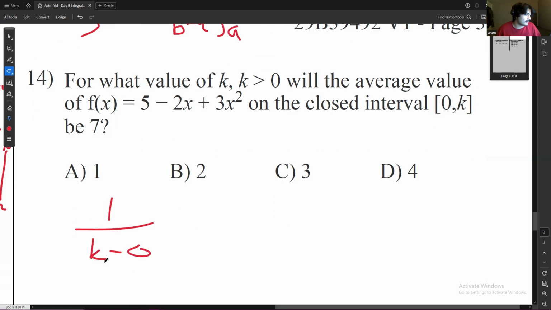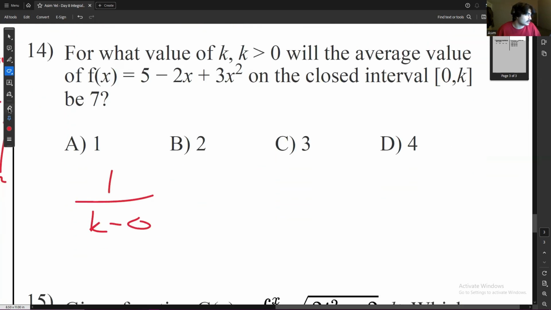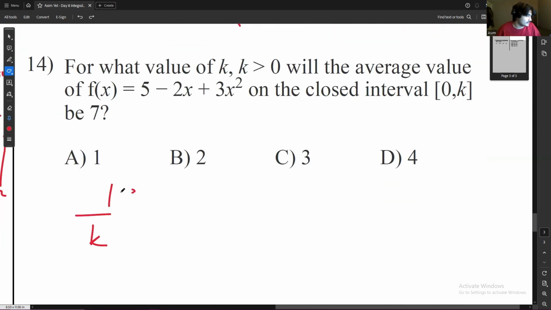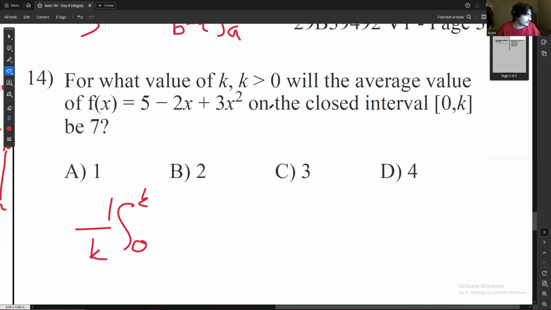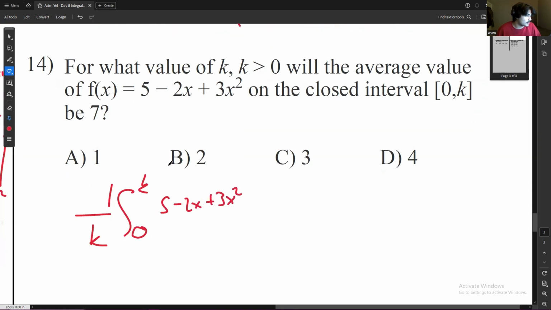Here b minus a is k minus 0, and I don't want to write minus 0 and cover up so much space. So after that, 1 over k times the integral from 0 to k, and my f of x is this function, 5 minus 2x plus 3x squared, and over this closed interval the average will be 7.